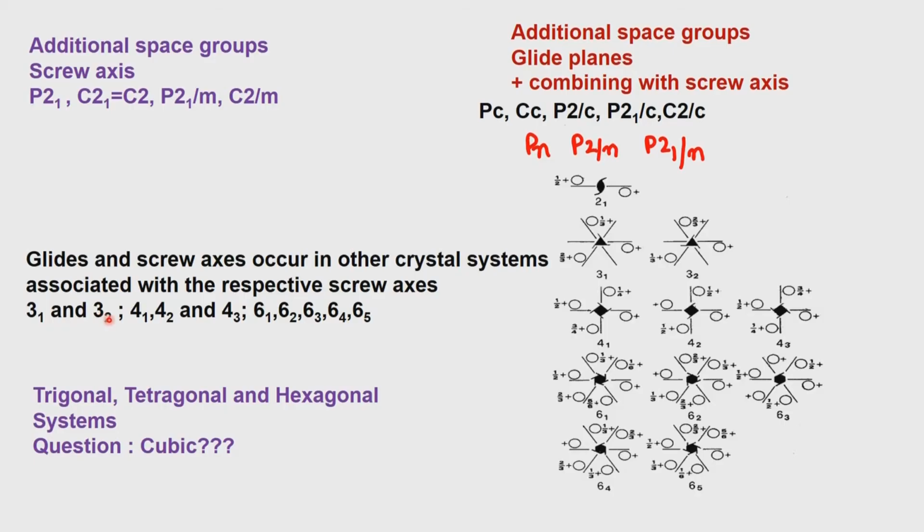Then obviously we will have translational components associated with them, and those translational components will give us the information about the possibility of having 3-1 and 3-2. Now you notice that the 3-fold axis can be 1/3 rotation as well as 2/3 rotation. So 1/3 is when we draw the screw.